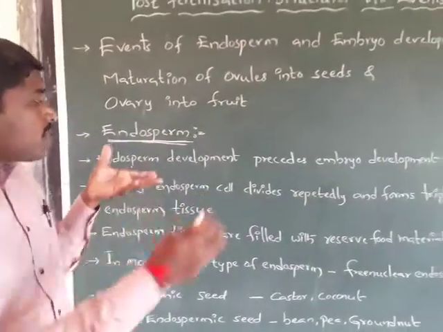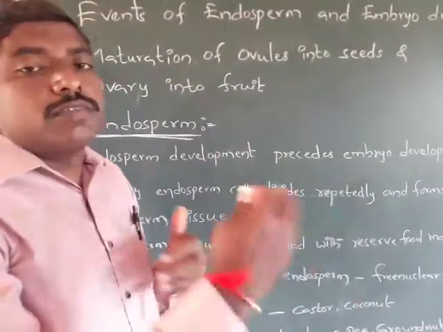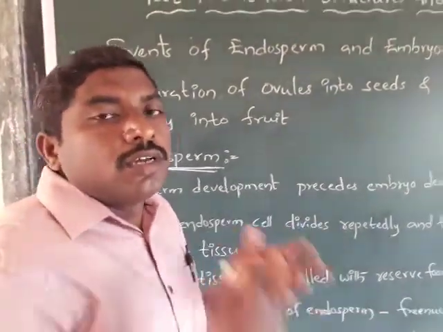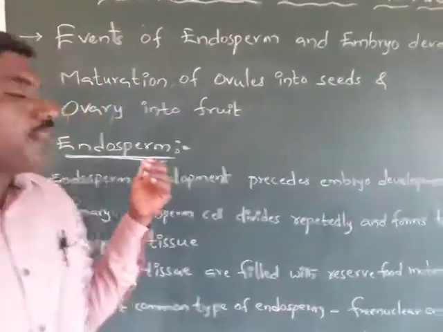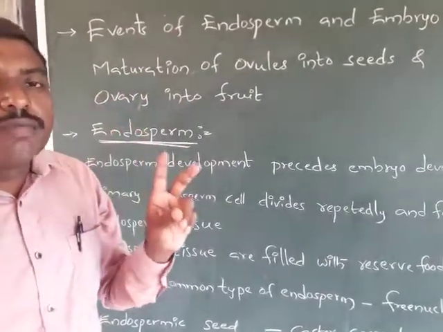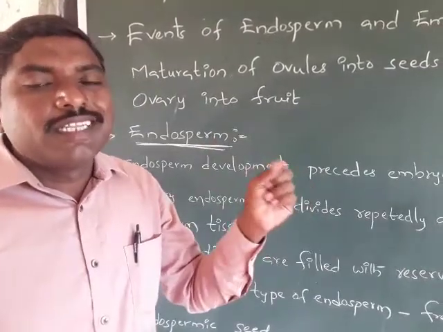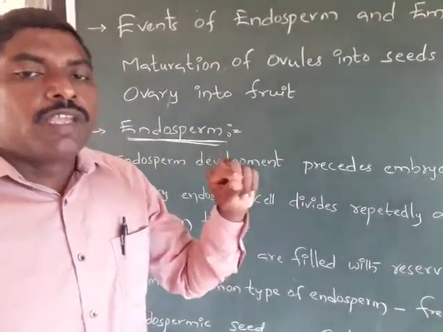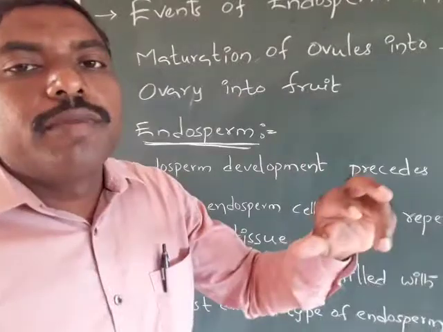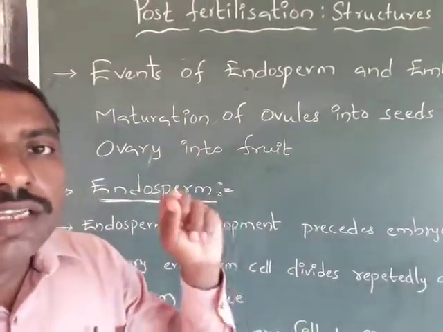Before that, we have to recall what is meant by fertilization and double fertilization. In double fertilization, one of the two male gametes fuses with the egg cell and forms the zygote, which is in diploid condition, and another male gamete fuses with the two polar nuclei.